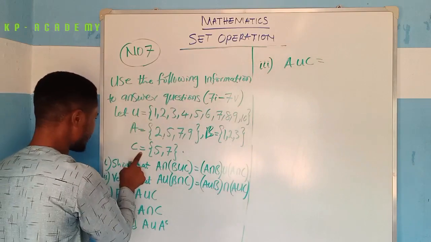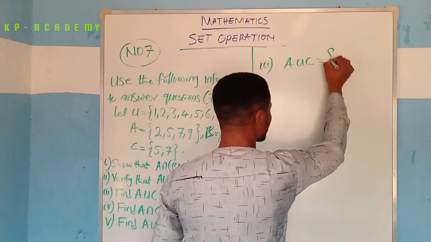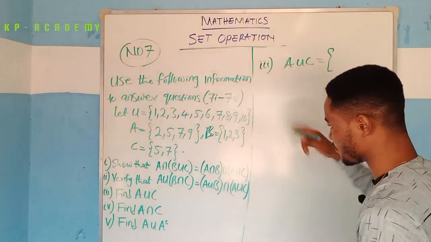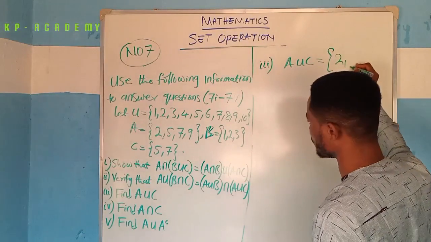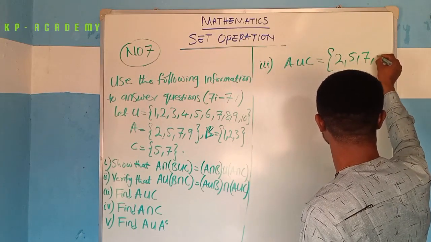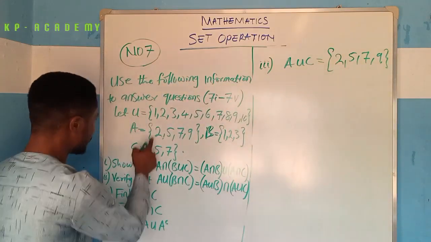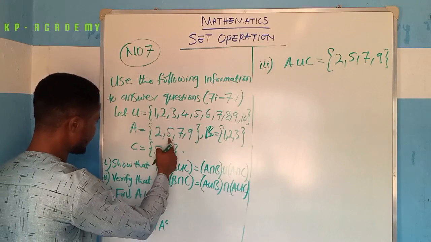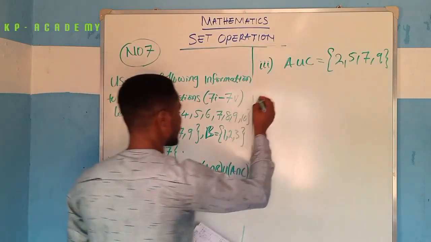This is set A, this is set C. We've done that before when we were trying to prove for I and II. So A union C is nothing but 2, 5, 7, 9. Okay, so that is it for III.